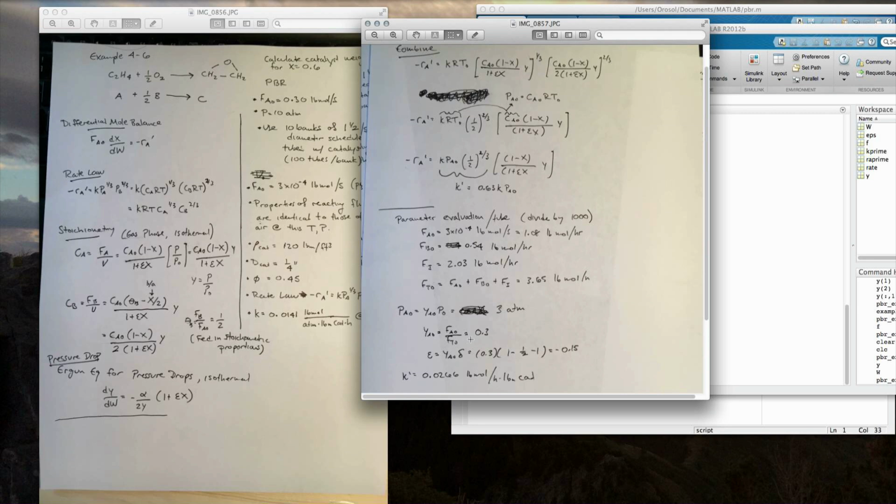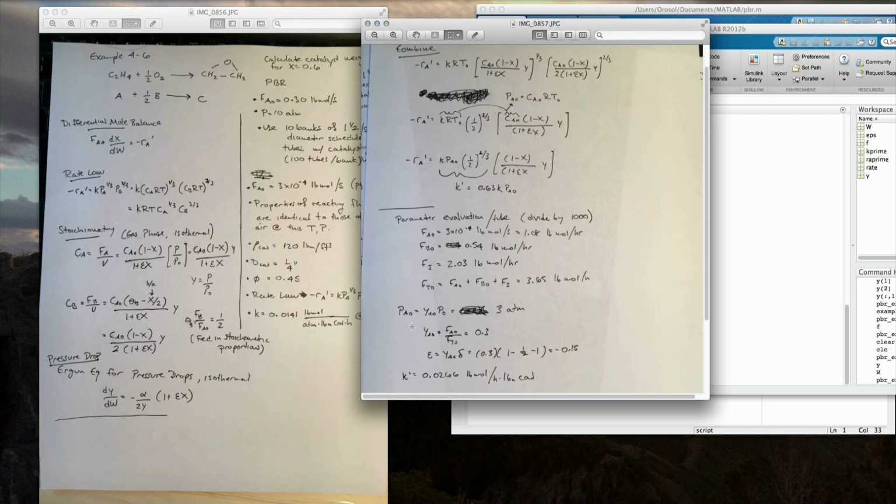So FA naught, which is 1.08, divided by FT naught, 3.65. And then epsilon is equal to YA naught delta, so 0.3 multiplied by (1 minus 1/2), which equals 0.15.